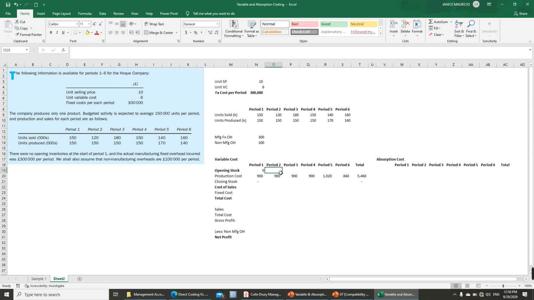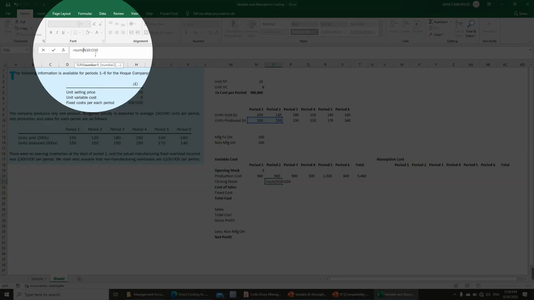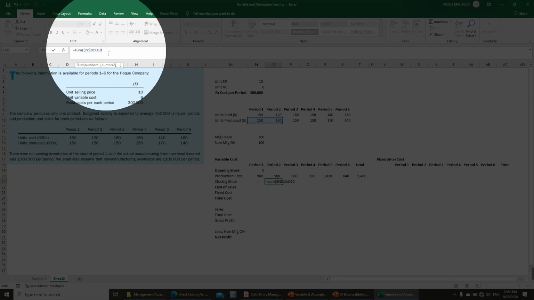So actually, what we will do in the second period is to get the sum of the units produced, so we are going to fix this so that we can easily copy the formula, okay?